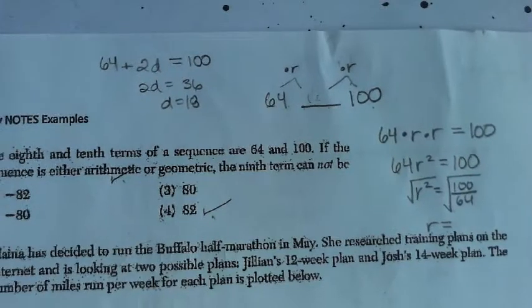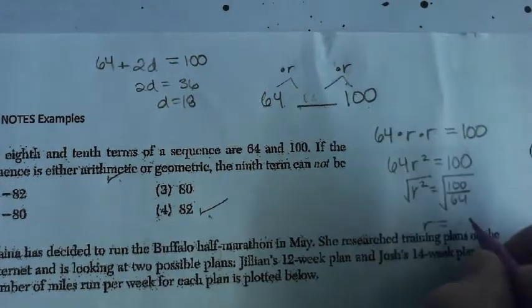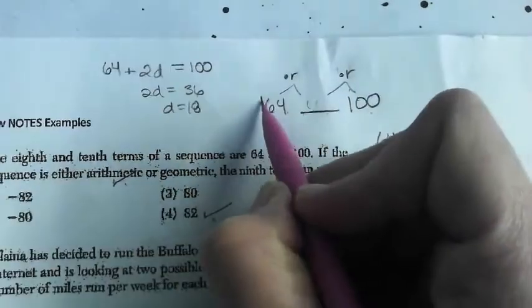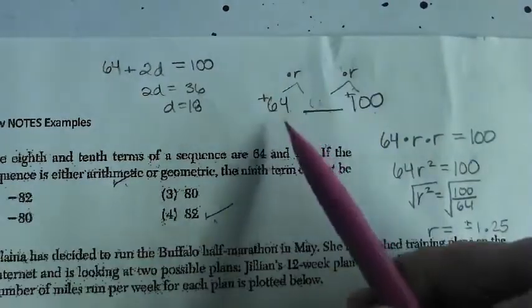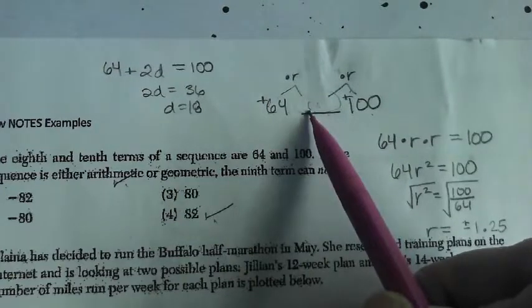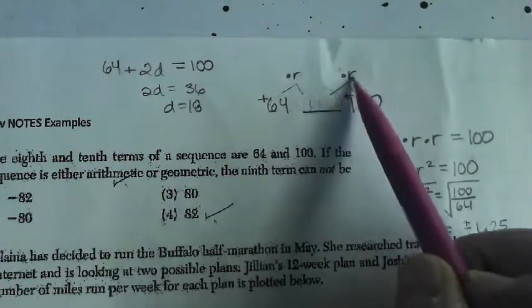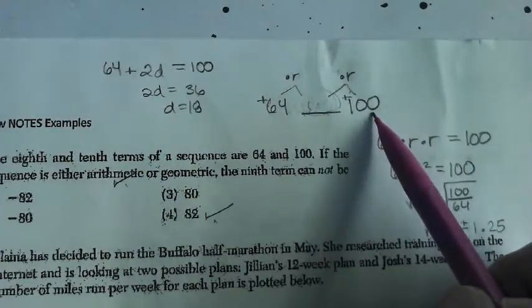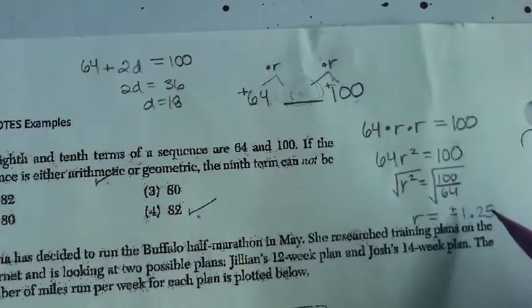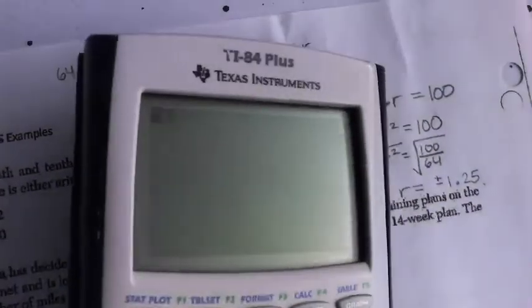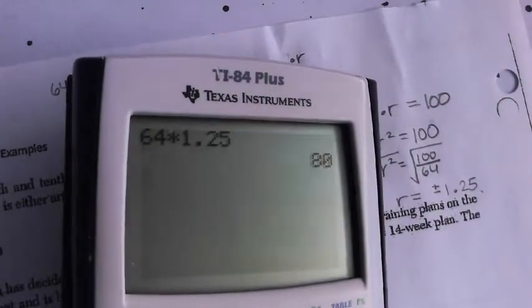But you forgot the most important part about solving a quadratic when you take the square root of both sides. Plus or minus, okay? It's clear to us that these are positive terms, but if you were multiplying by a negative number, this would be a negative number, and then you'd multiply by your rate, which is a negative number again, and a negative times that negative would get you back to a positive. So it's possible that the rate is positive 1.25, which would make that middle term 80.